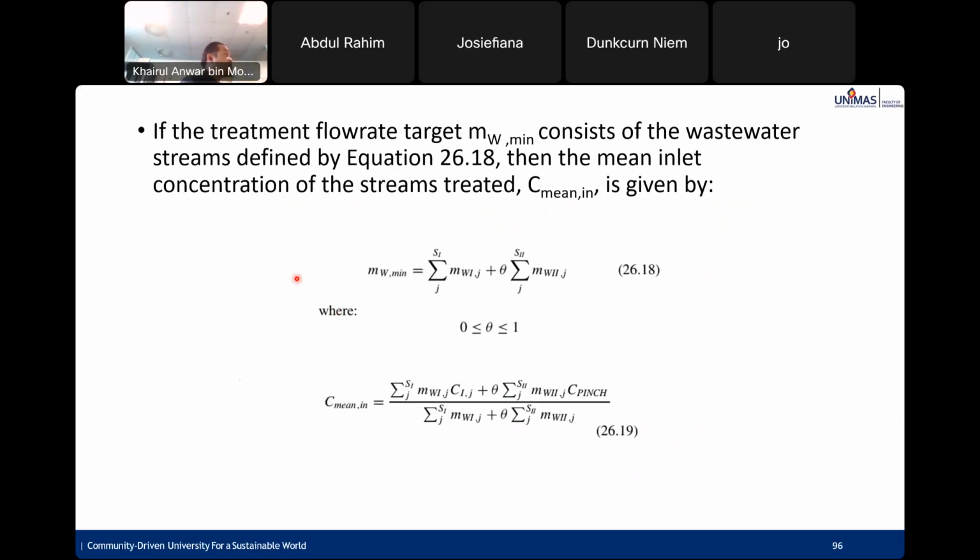So if the treatment flow rate target is the minimum, and the flow rate consists of the wastewater stream defined by equation 26.18, then the mean inlet concentration of the stream treated is given by 26.19.